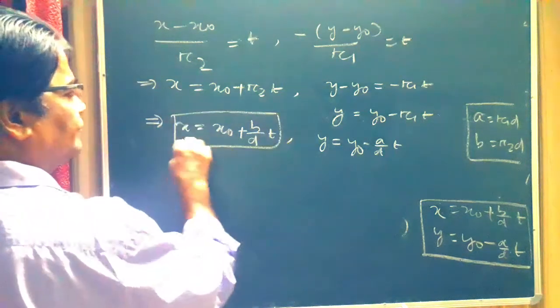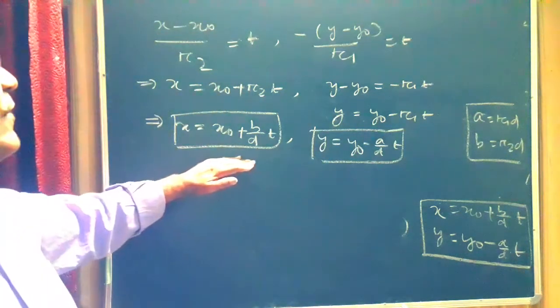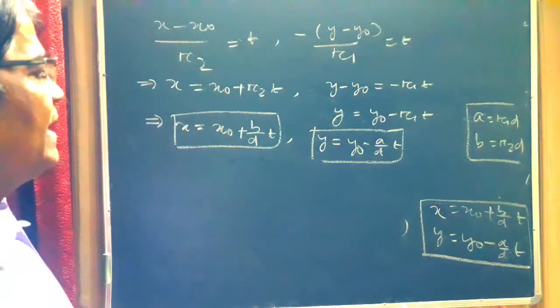So we are getting x = x0 + (b/d)t, y = y0 - (a/d)t.